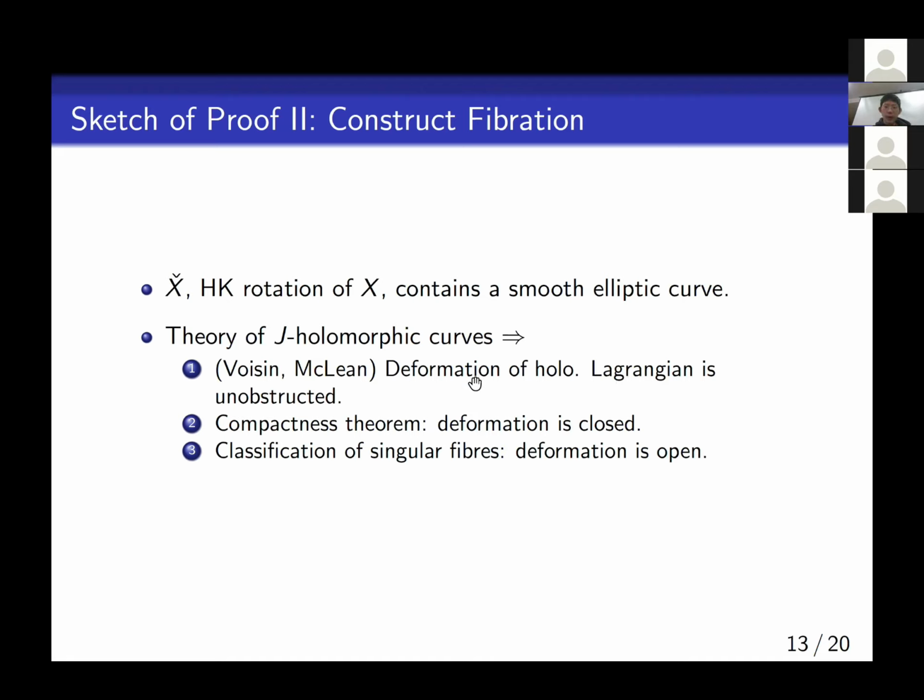However, it will always deform to some singular one, which is not avoidable. And so now we're looking for elliptic curves, like stable maps into X-check, which is a non-compact complex manifold. So compactness will be an issue.